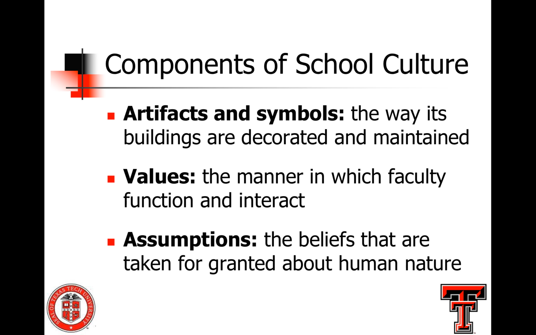All right, so all these things kind of play into what the culture of a school is, or the culture of any organization is, and it's why it's so hard to change a culture, why it takes so long to change a culture, because artifacts and symbols have all been there obviously for a while, and so you need to look at the buildings, what kind of shape they're in.